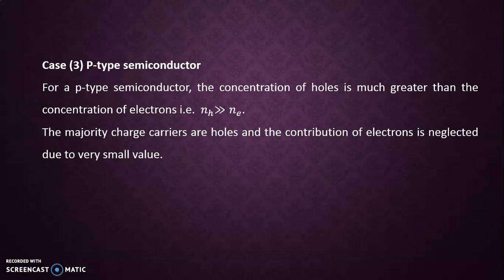In p-type semiconductor, the concentration of holes is much greater than the concentration of electrons. Why did this happen? Because when doping takes place in the semiconductor, a trivalent impurity is used, and that trivalent impurity produces one hole in each atom.